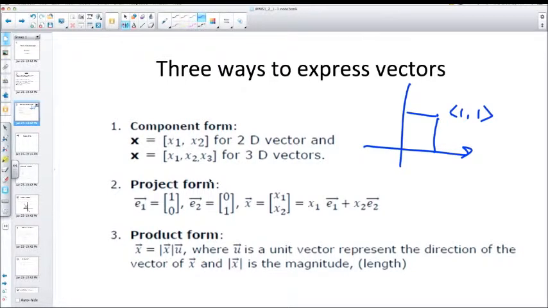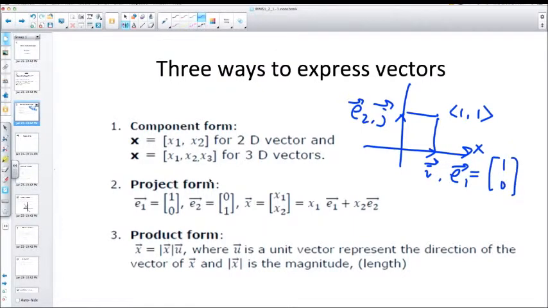And the second form, you can look at the 2 unit vectors, i here and j here. That's in your textbook. But you can also call them e1 and e2. That's just a different name. The e1 is the unit vector in the x direction.